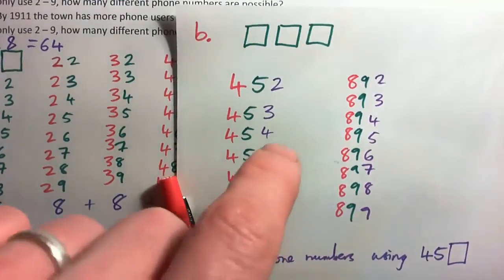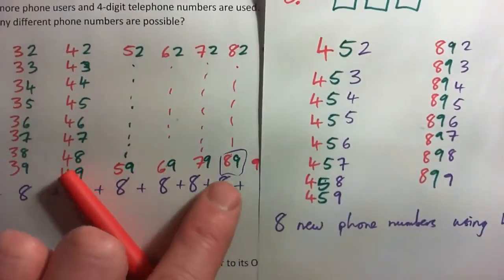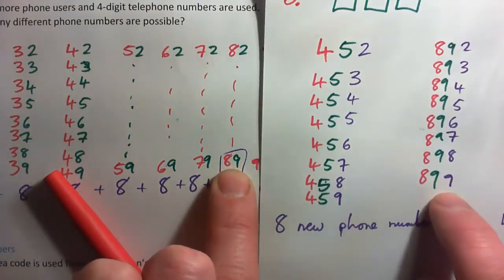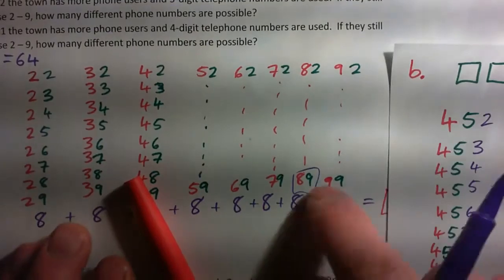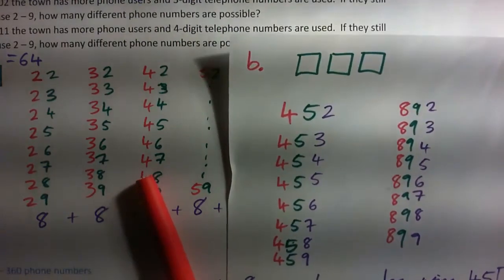And that is taking a 2-digit phone number 89, adding on 1 digit to it to create 8 more new phone numbers. So for every one of these 64 2-digit phone numbers, we can create 8 new 3-digit phone numbers.